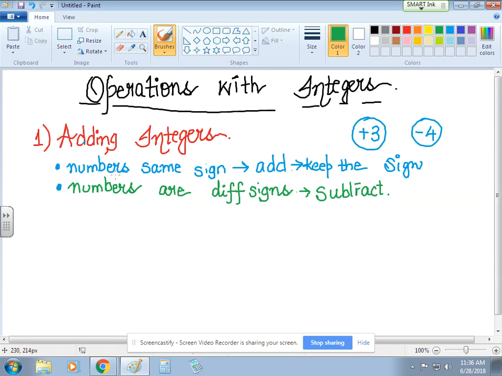So let us study again. Same signs, always add. Different signs, always subtract. And then when the signs are different, you keep the sign of the bigger number. So you keep the sign of the grande number or bigger number.